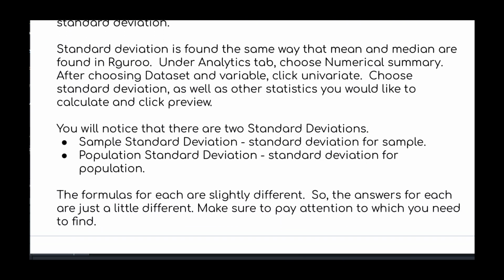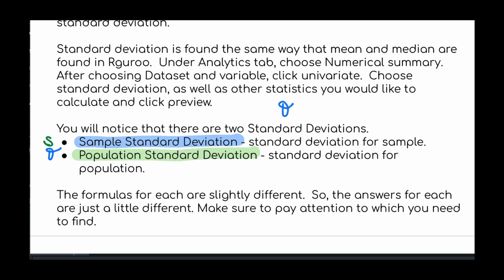I'll tell you there are 2 types of standard deviation. There's the sample standard deviation, and then there is the population standard deviation. All right, and so the notations for these, the sample standard deviation is S, and the population standard deviation is this symbol here.